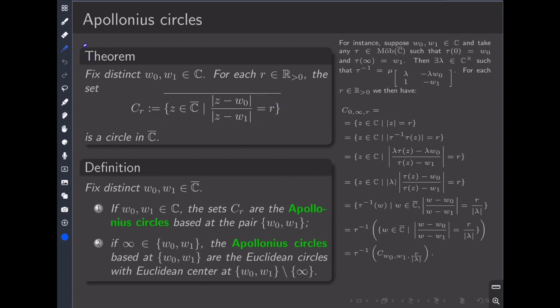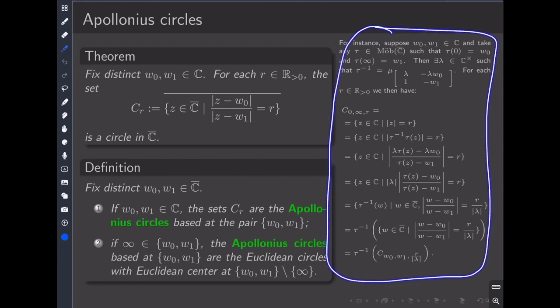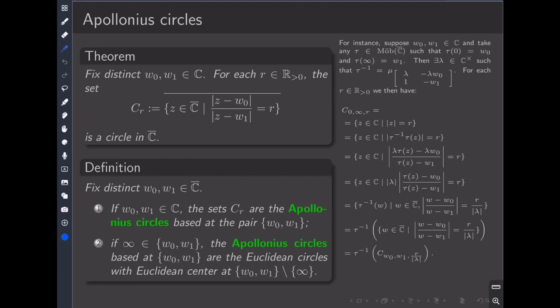And the theorem, the result, is that these sets are circles in C bar, for each R. The proof is not hard. You can see the whole computation here. The way one comes up with the proof is noticing that inside the absolute value symbol, what you see is the expression of a Möbius transformation, and we know that Möbius transformations send circles to circles.